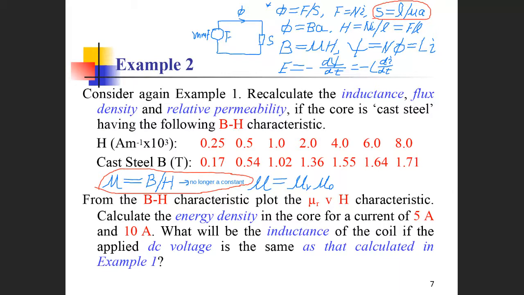That's the difference. So with this slide in your mind, it is easy to find the solutions about the inductance, flux densities, relative permeabilities, and the energy densities.